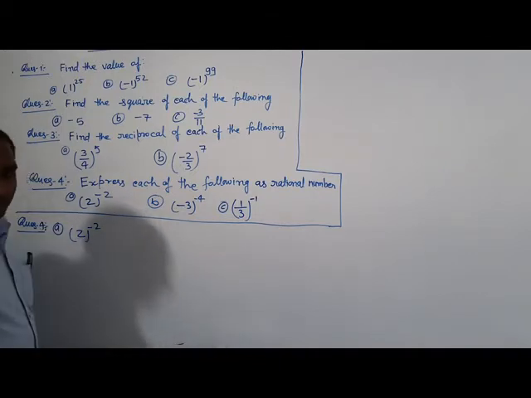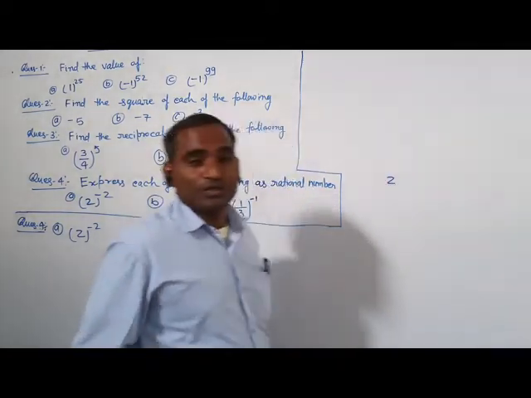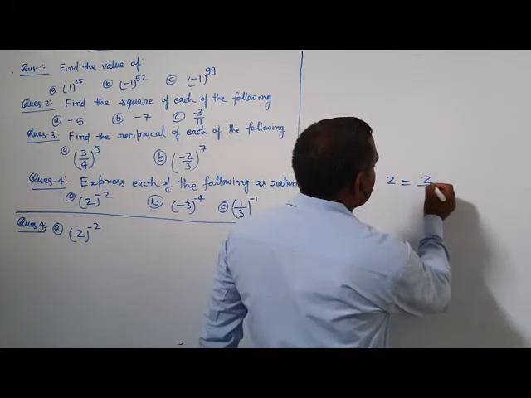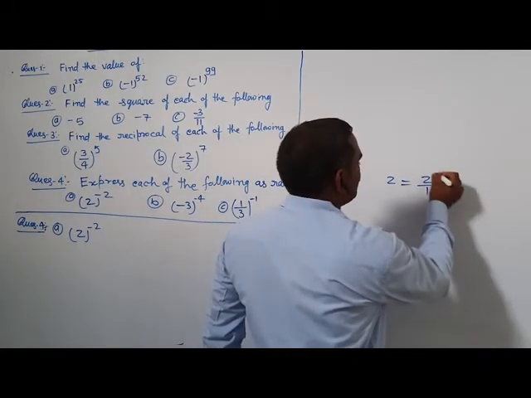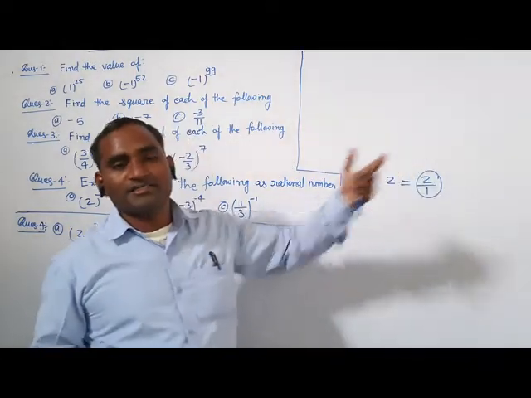All of you know that if any number is written like this, 2, then 2 is written like this, 2 by 1. When 2 is divided by 1, the answer is the same.